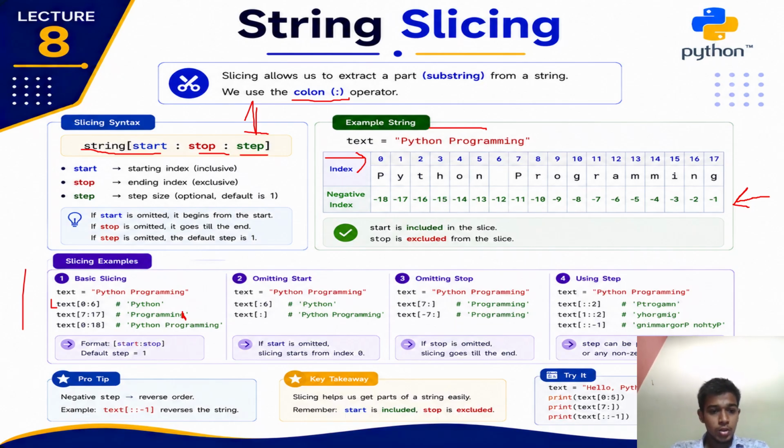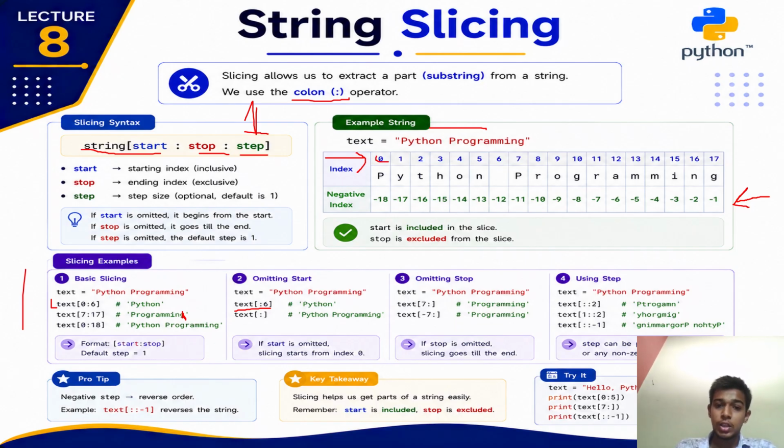Now we learn about the second slicing example, omitting the start. Suppose we don't write the start value, we directly write text, then a colon and 6. Python automatically starts at index 0 if you don't give any value.